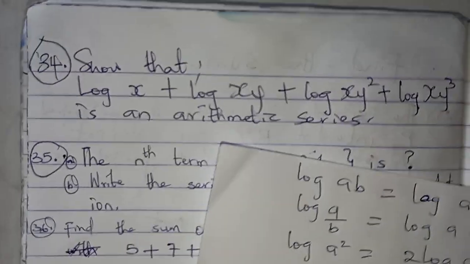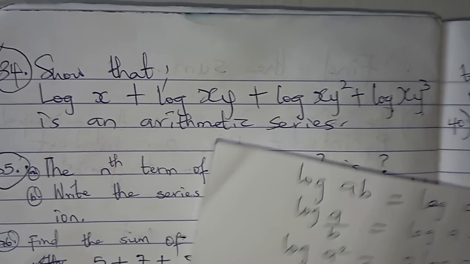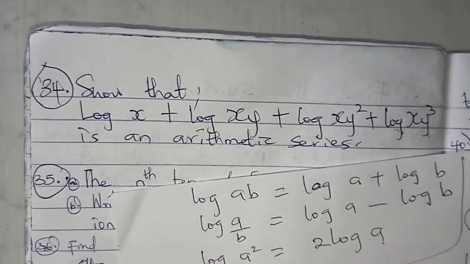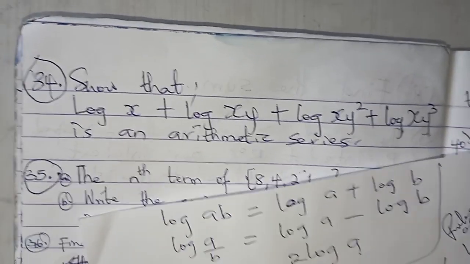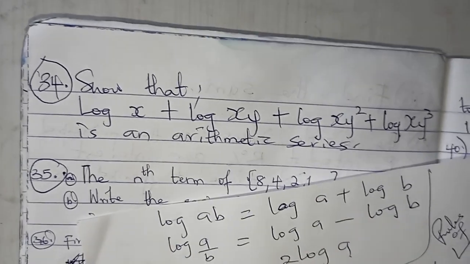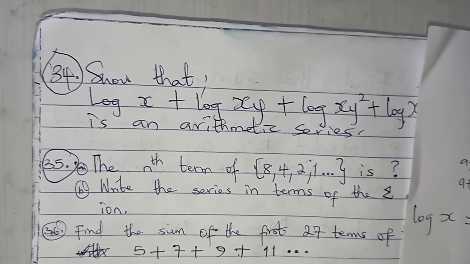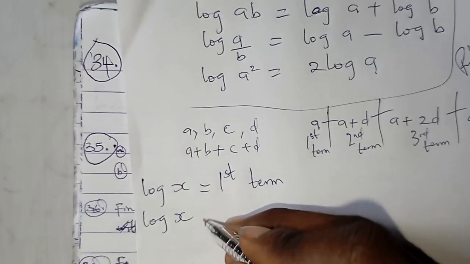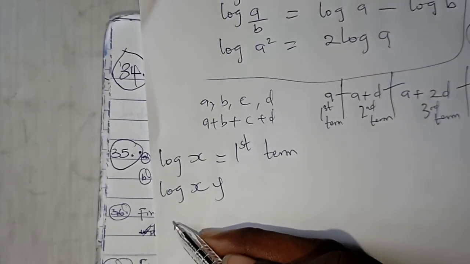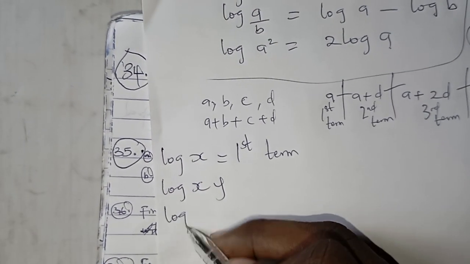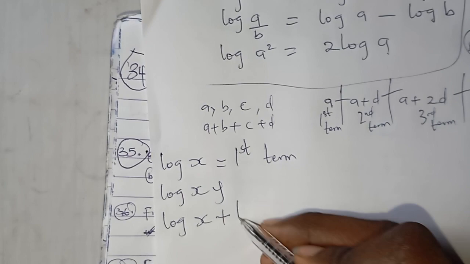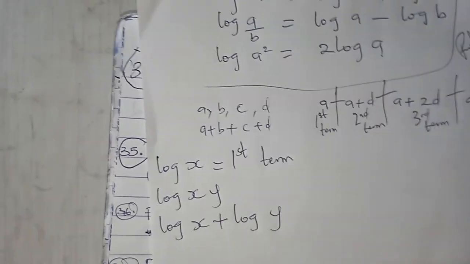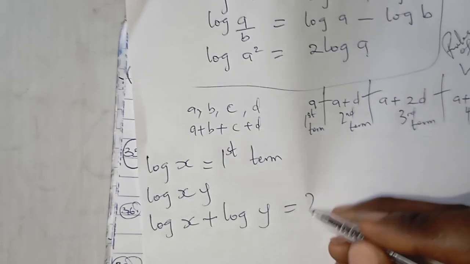So going by the question, log x is the first term, and log xy is the same thing as log x plus log y, and this should be the second term.